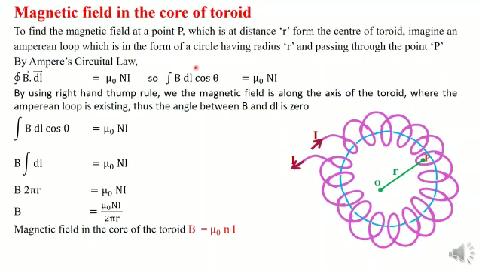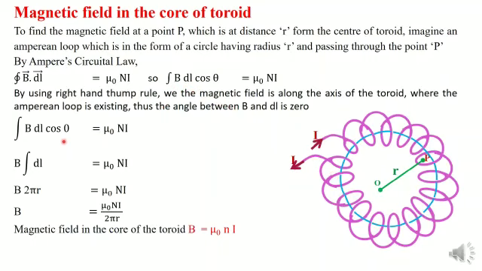By using the right hand thumb rule, we get that the magnetic field is along the axis of the toroid, where the Amperian loop exists. Thus, the angle between B and dl is 0.